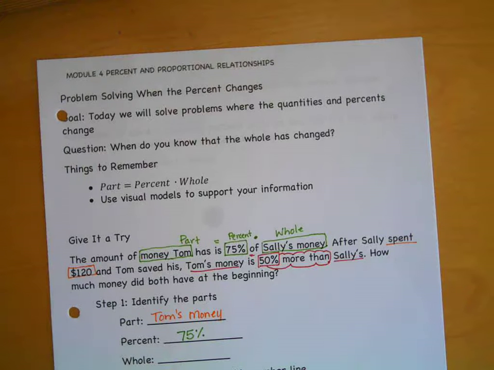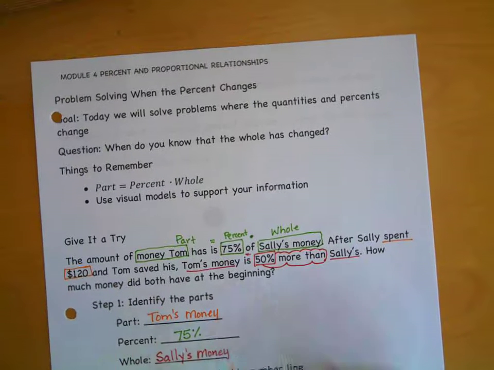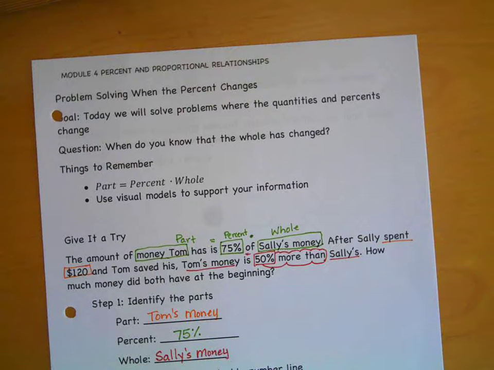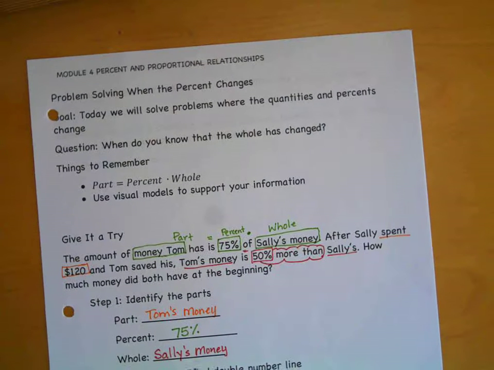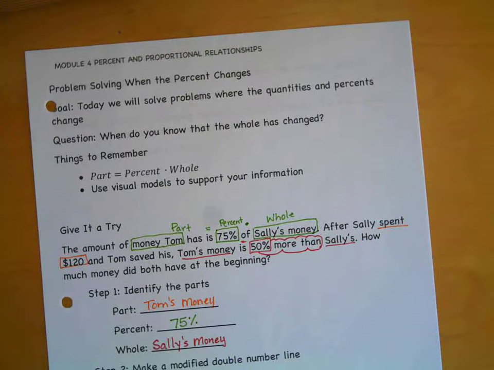And then we have Sally, who was the whole, so we're going to say Sally's money is the whole, right? And unfortunately, we don't know how much either of them have yet. Okay, so then after you've identified those pieces, now we would make a double number line so that we can figure out how to determine the amounts.